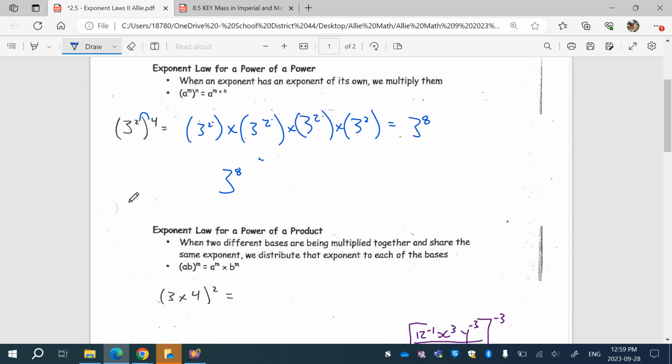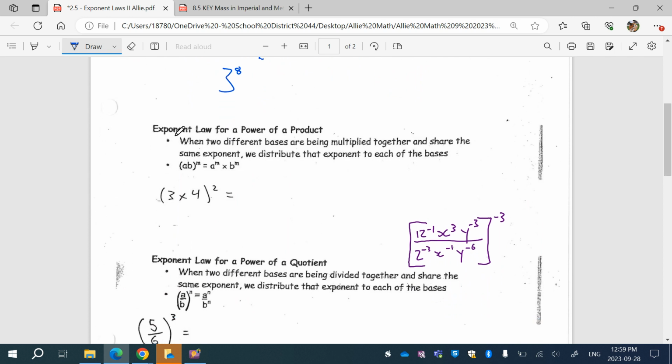So let's look at the next one. This is the exponent law for a power of a product. Remember, a product is when two things are being multiplied by each other. It's the answer of a multiplication problem.